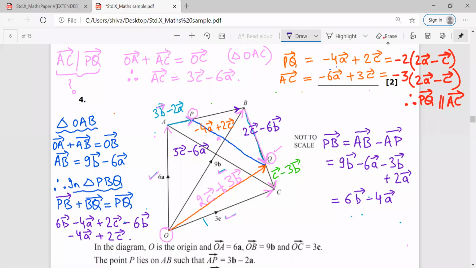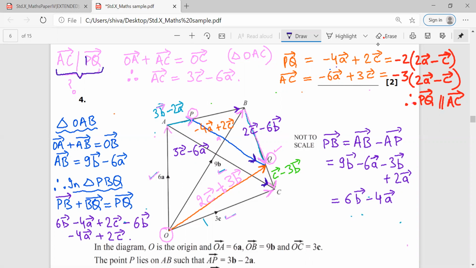No, sir. So in the next part, Mr. Rudra, we have to find AC vector and PQ vector. AC vector is this diagonal and PQ vector is this line joining point P and Q. Again, you need to be clear about the direction of the vector. AC vector would be pointing towards this side and PQ vector would be pointing towards this side.